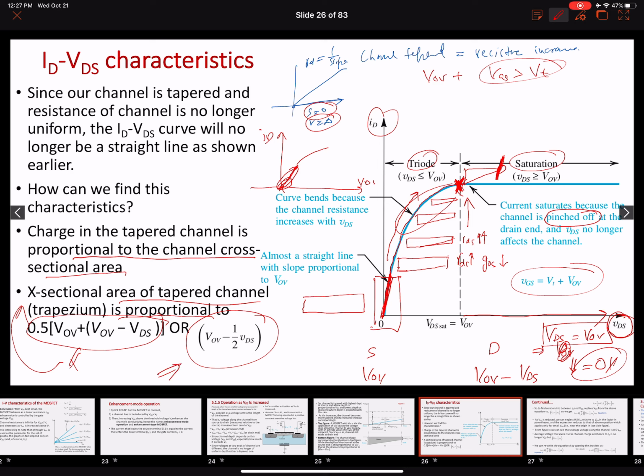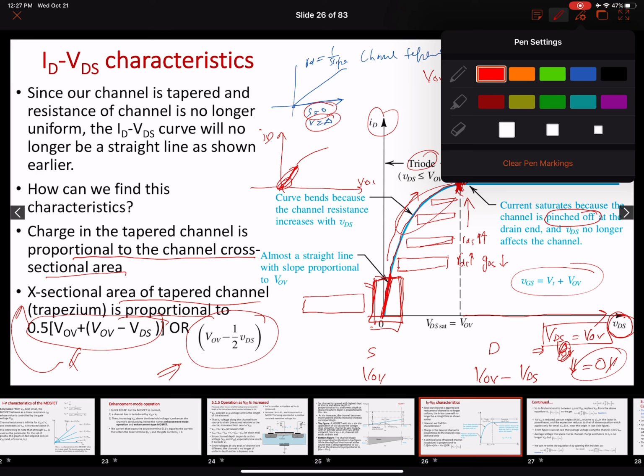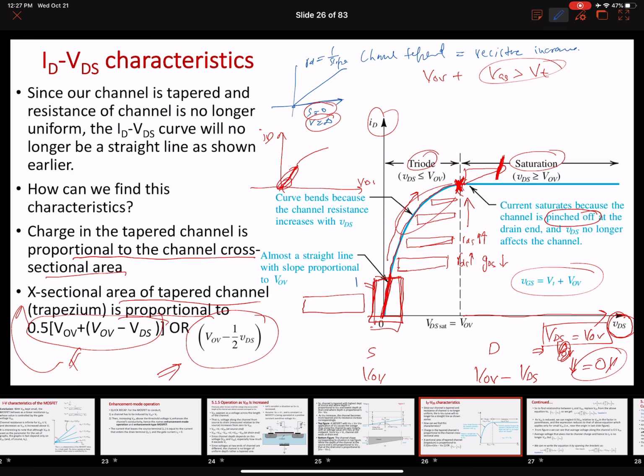So this is now the voltage in the triode region. In this smaller region, when the resistance is linear, the effective voltage appearing at every point of the channel was VOV, and this is the effective voltage appearing on all the tapered channels, which is VOV minus half of VDS.